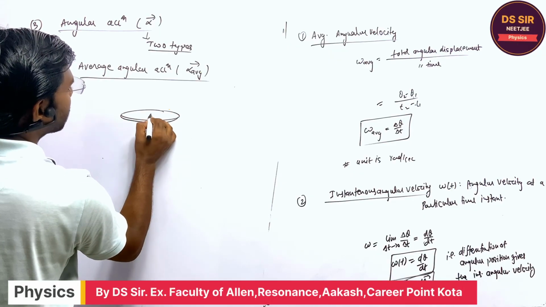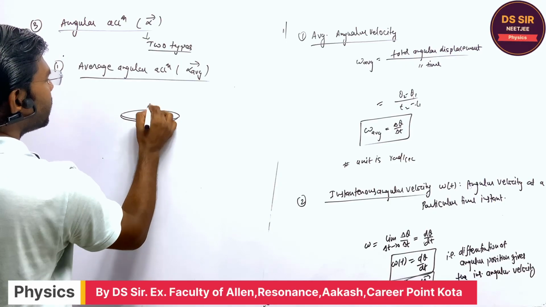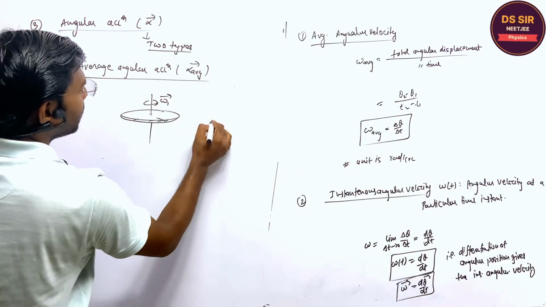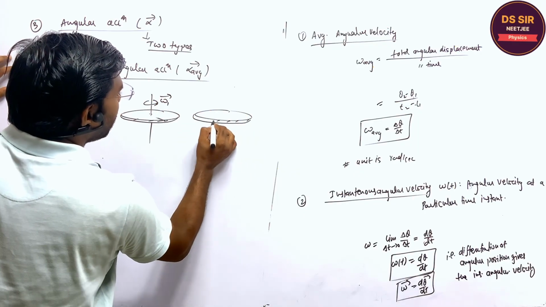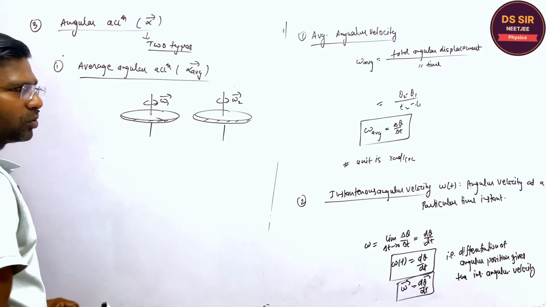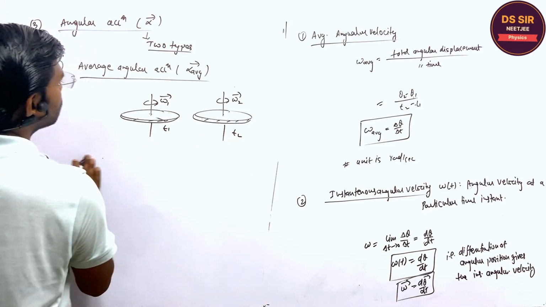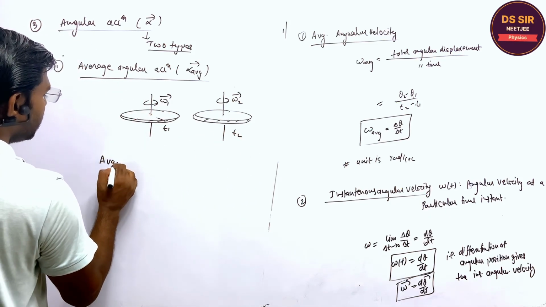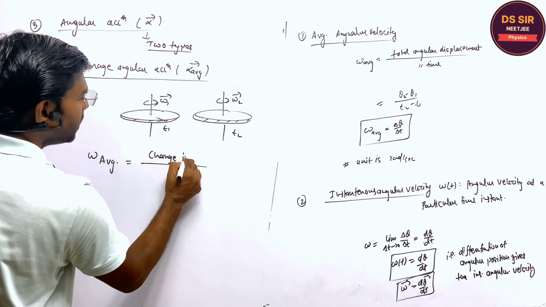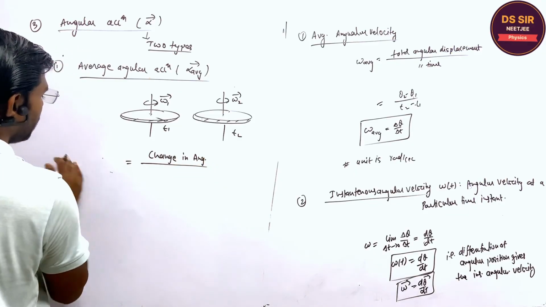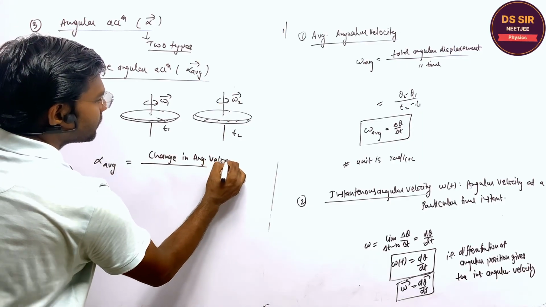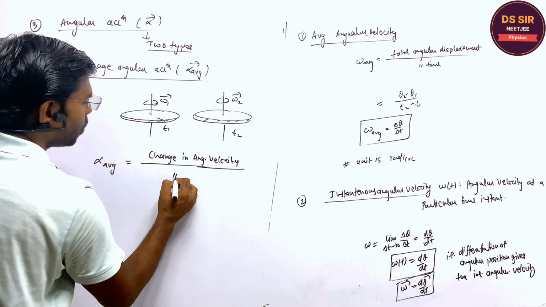If the initial angular velocity of the disk or particle is omega 1, and after some time the angular velocity becomes omega 2, at times t1 and t2, then the average angular acceleration is defined as the total change in angular velocity divided by the total time.